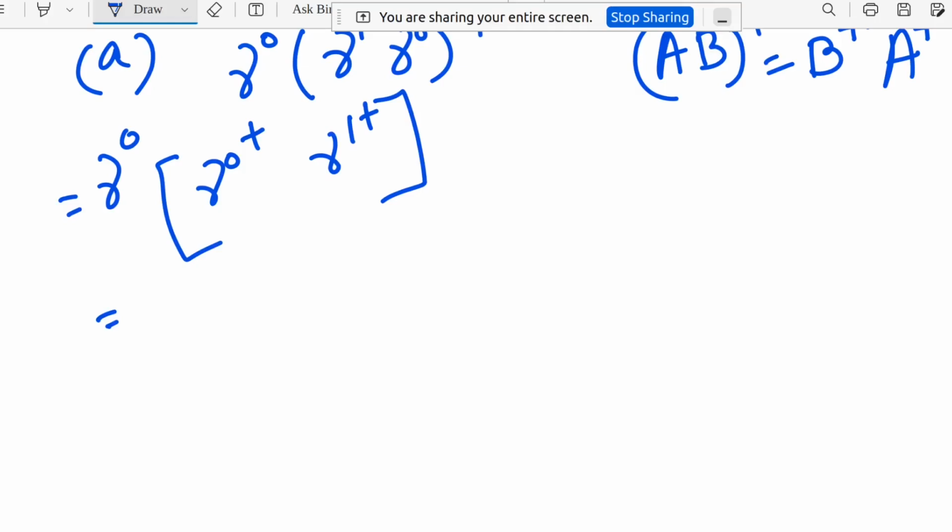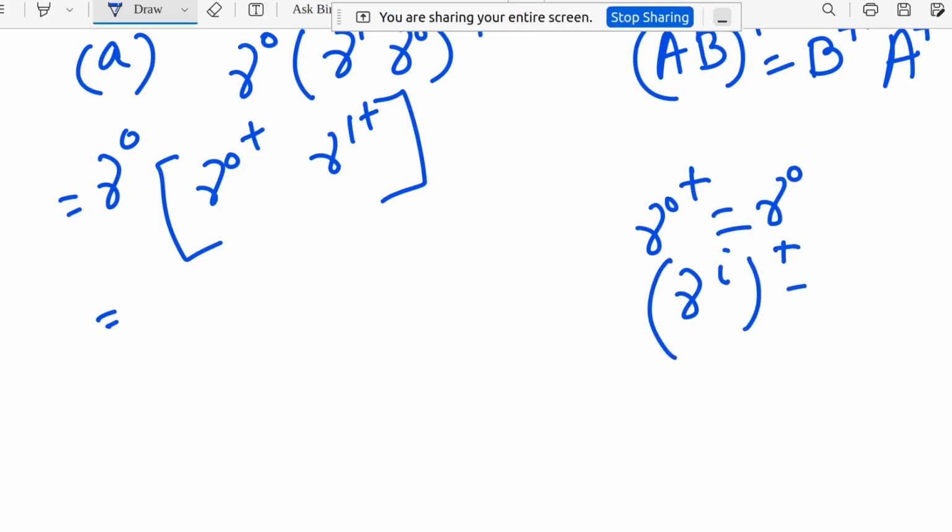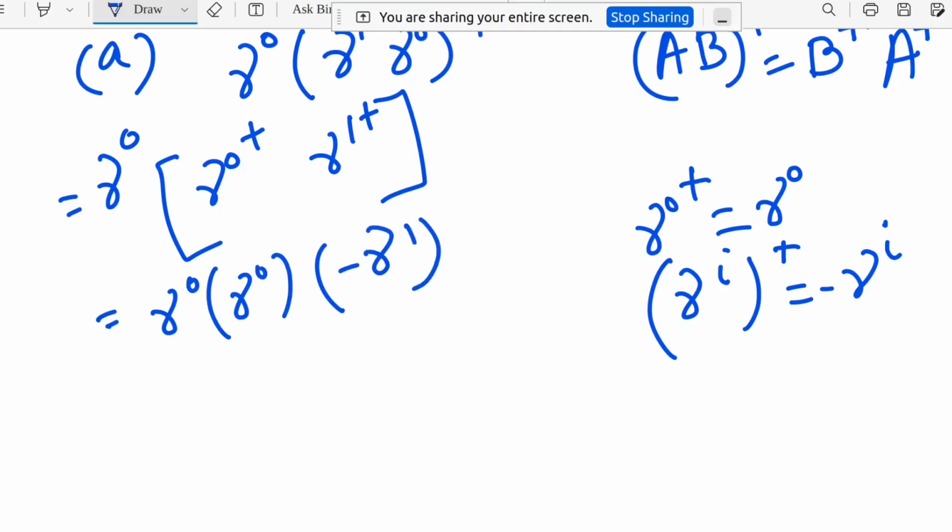by the properties of gamma functions, gamma 0 dagger is gamma 0, gamma i dagger, i means 1, 2, 3, that is minus gamma i. So here gamma 0 dagger is gamma 0, gamma 1 dagger is minus gamma 1, and also by the property, gamma 0 square is 1.